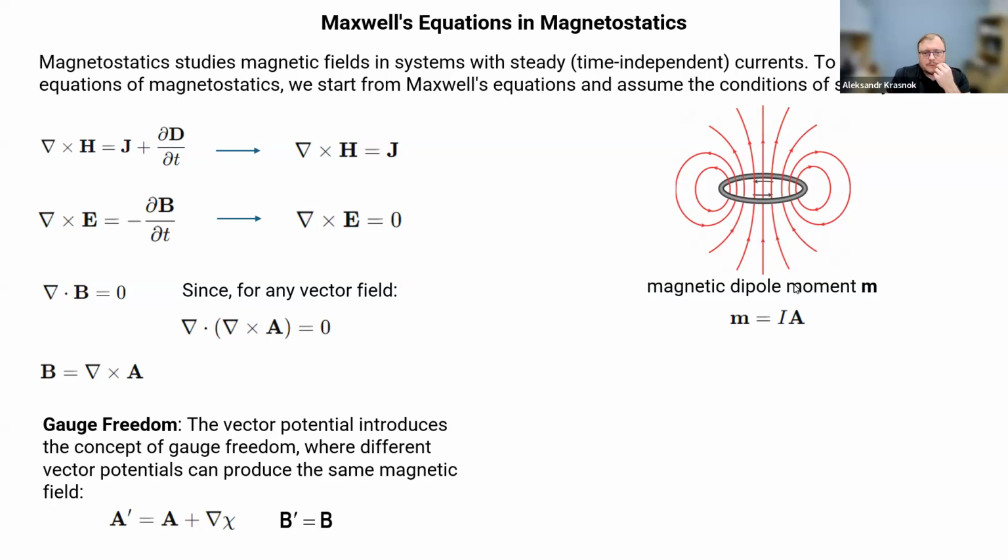So you see, it depends on the geometry, basically the size. The larger the loop, the larger the magnetic dipole, and also the current. The larger the current, the larger this magnetic moment. In materials, there are no loops in a magnet, right?